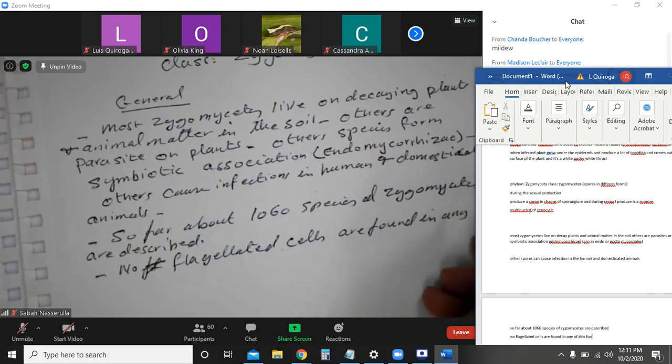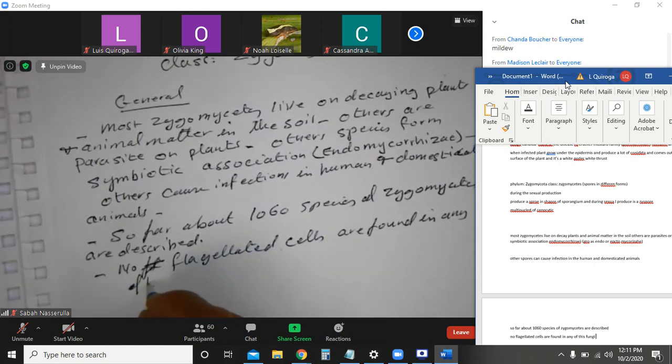So basically, there is no flagellum in any of these fungi.